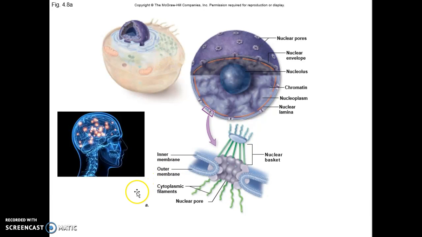But the key things to notice about the nucleus: you have a nuclear envelope, you have a nuclear pore, you have a nucleolus, and you have DNA in the form of chromatin all piled into that nucleus, and it is all floating in liquid, or this fluid called a nucleoplasm.